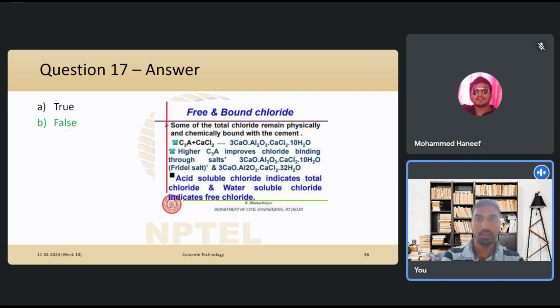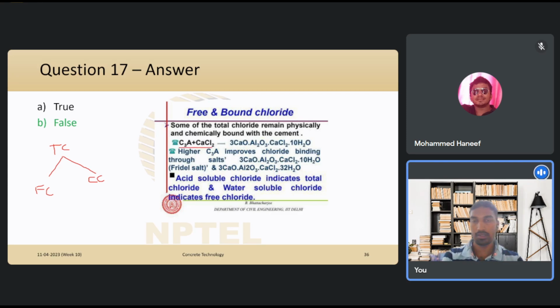It is false. Why? When you look at the total chloride in concrete, you can divide that into two components, which is the free chloride and the chemically combined chloride. So we have some chloride which is chemically bonded, for example with different elements.